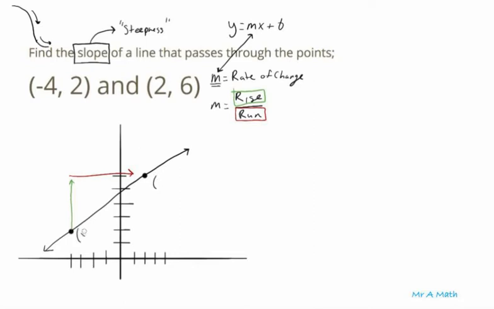Let's make this x sub 1, y sub 1. The sub 1 just means these x and y values are arbitrary: x1 is the first x coordinate, y1 is the first y coordinate, x2 is the x coordinate of the second point, and y2 is the y coordinate of the second point.